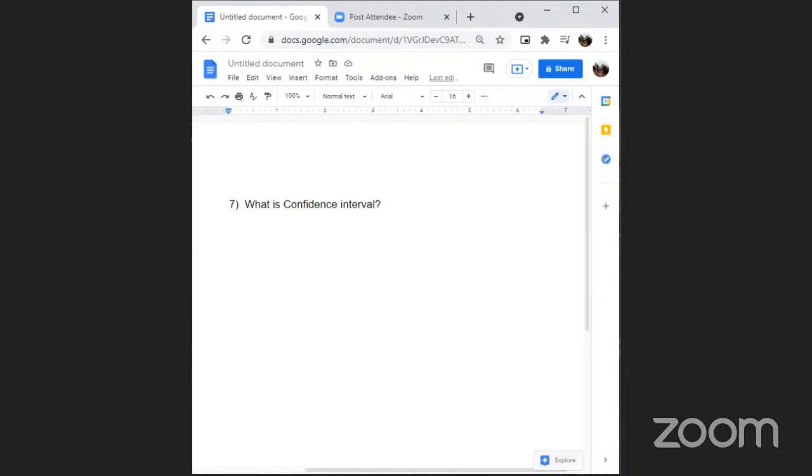That particular range is called the confidence interval. So the confidence interval can be called the range of either a median or mean of the sample errors. Hope this is understood.